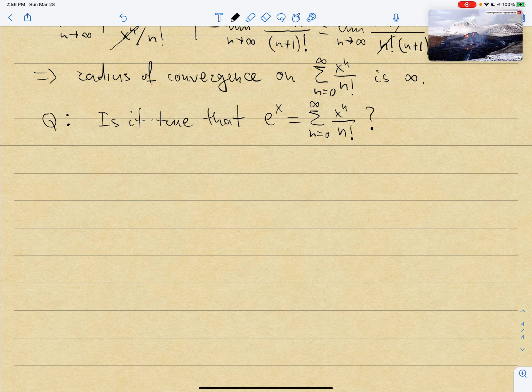We don't know that. If we think that this is true, then we need to prove this.